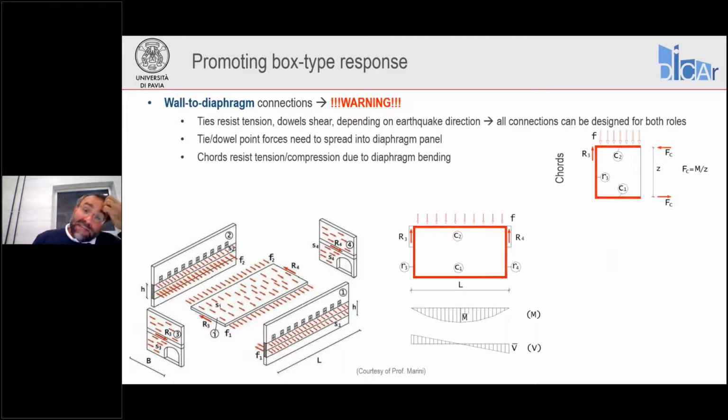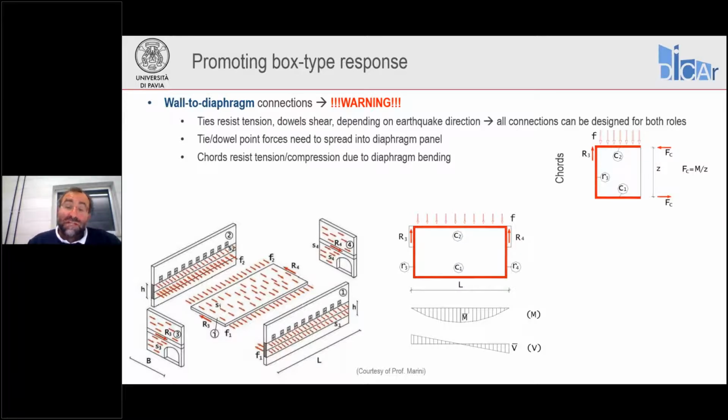Then, if we engage the diaphragm, we need to make sure that this diaphragm is strong enough to resist forces arising from its response, which is going to be like the one of a simply supported beam. You see, the diaphragm has inertia forces from its own weight and from the walls that it is restraining out of plane.